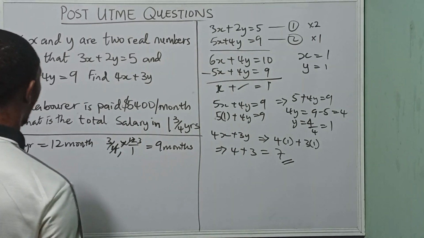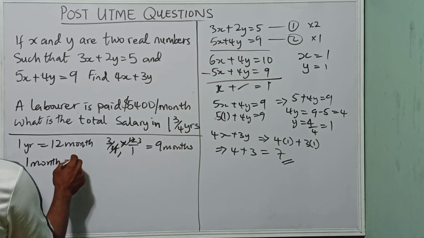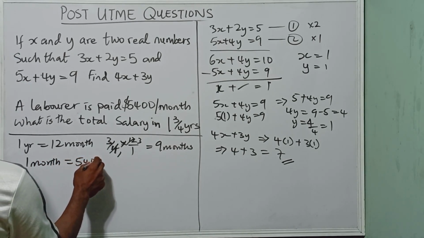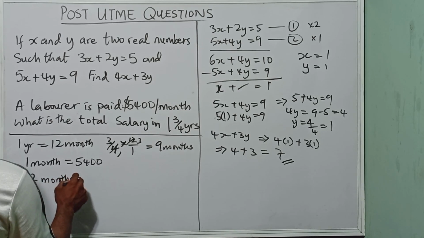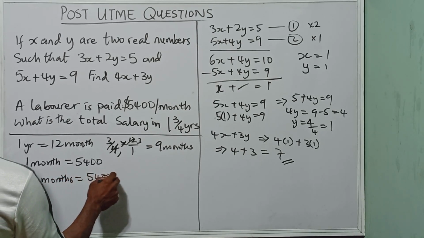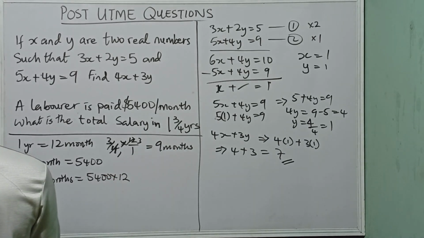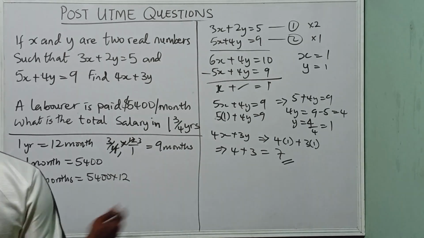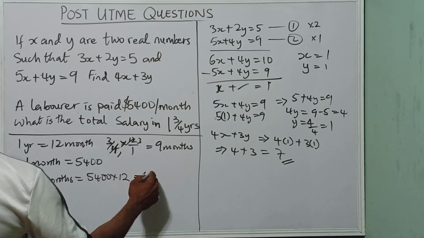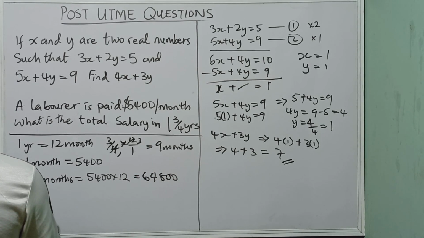Now, in 1 month he gets 5,400. So for 12 months would be 5,400 times 12, which would give us 64,800.